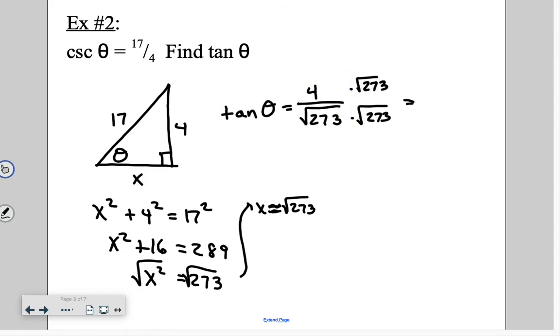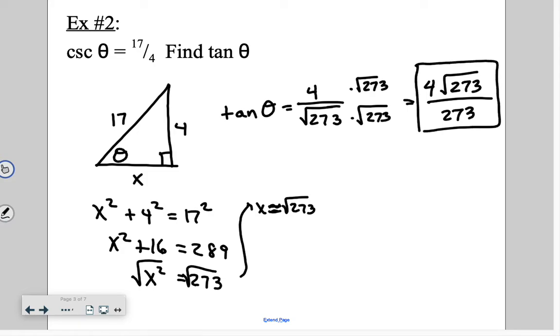And we end up with 4 times the square root of 273 over 273. Can I reduce that at all? No. And therefore, not the nicest answer in the world, but it is the answer. Okay? But you do need to check to see if you can reduce any radicals, if you can reduce the fraction, any of that kind of stuff. But in this case, our tangent of theta is that. Okay?